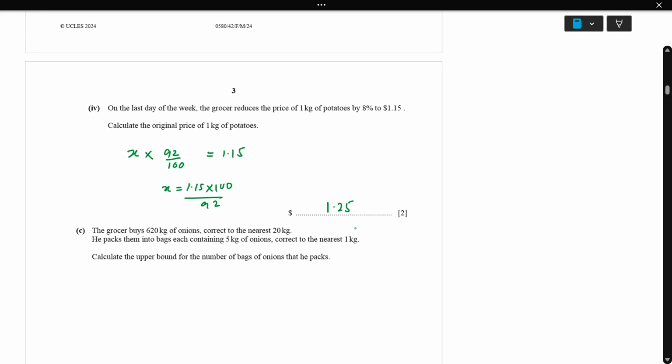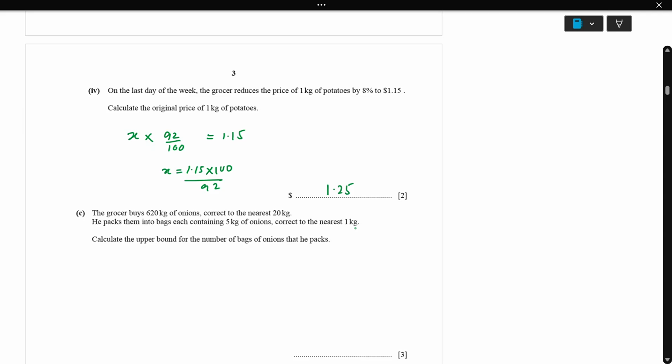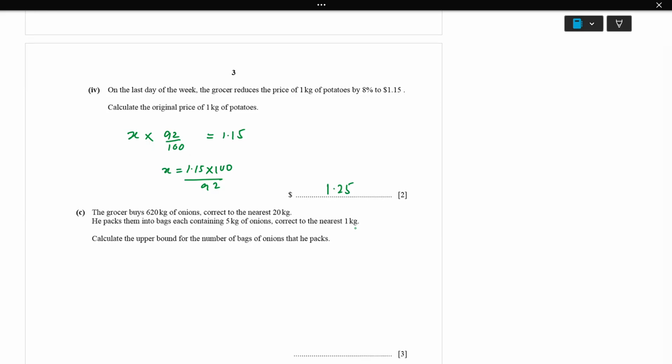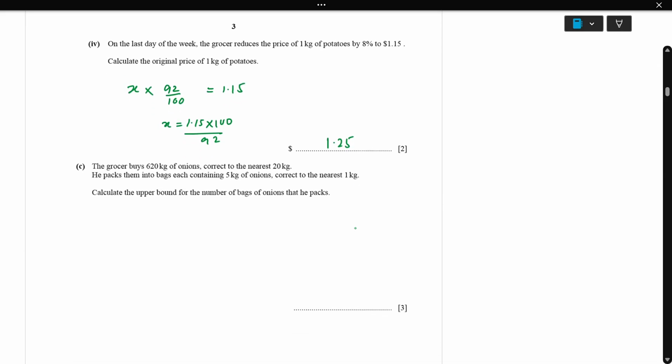Okay, next, the grocer has 620 kg of onion, correct to the nearest 20 kg. He packs them into bags, each containing 5 kg of onion, correct to the nearest 1 kg. Calculate the upper bound of the number of bags of onion that he packs.